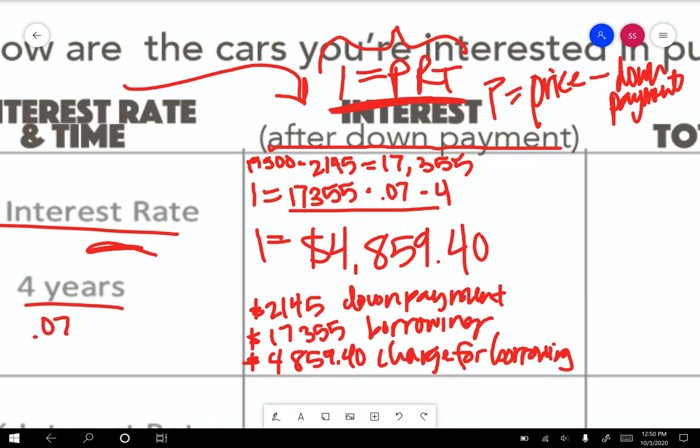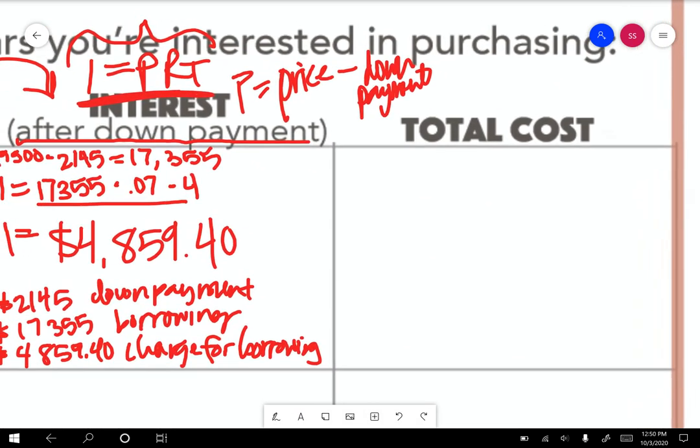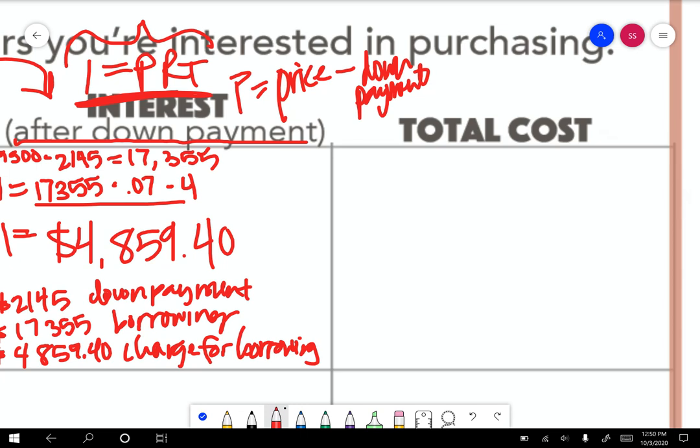So the total cost for this car, to calculate this, you would use the price of the car, so the total price plus the interest amount.